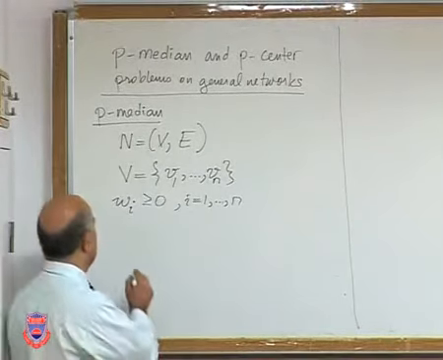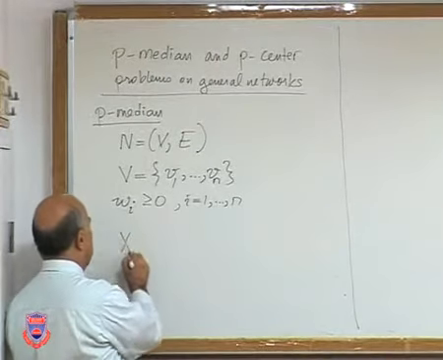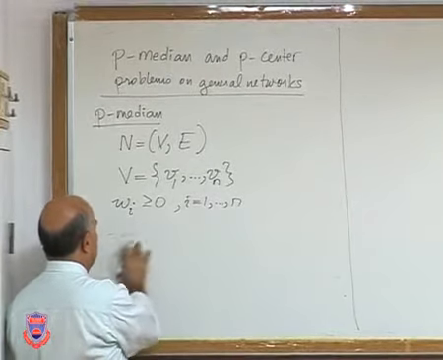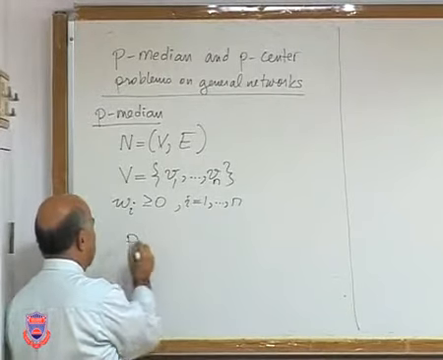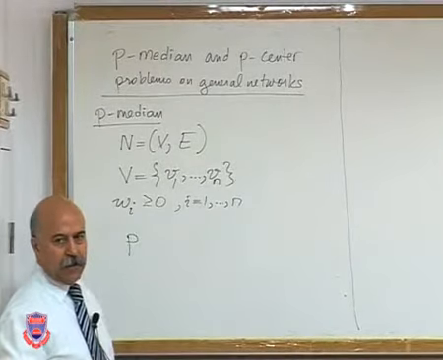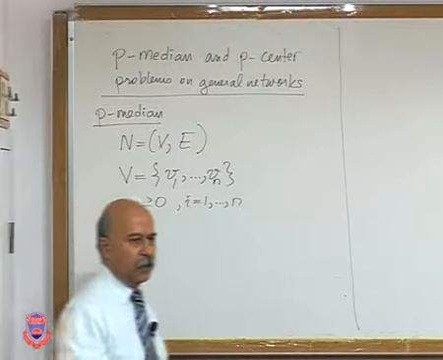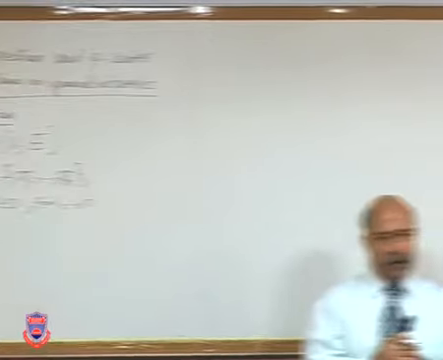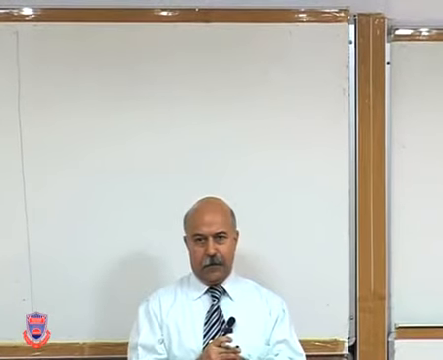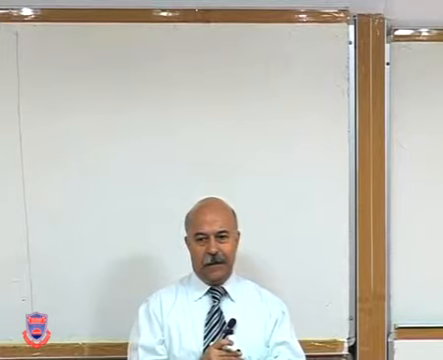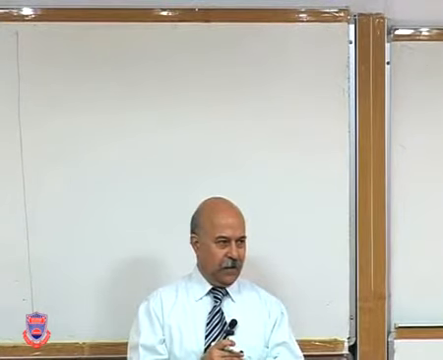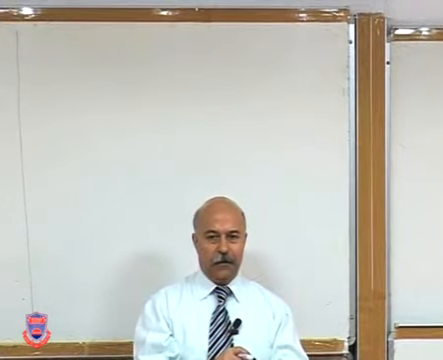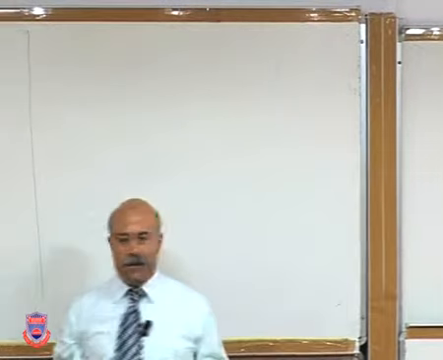So what we're going to do in this case is, rather than choosing a single facility, we're going to choose P facilities. These are identical facilities in the sense that they provide the same type of service. So as a demand point, it doesn't matter from which particular facility you get the service, as long as you get it in the least costly way, which means you normally go to the closest one. Okay, that's the idea here.